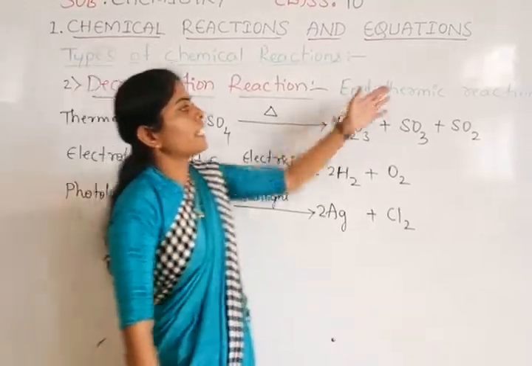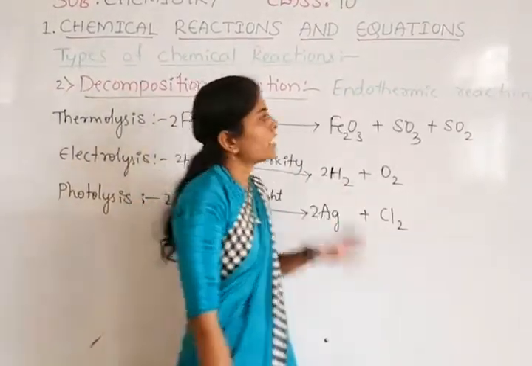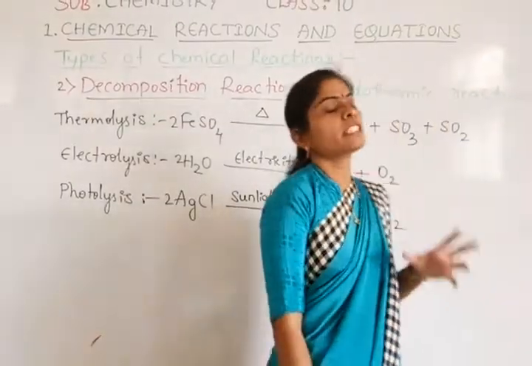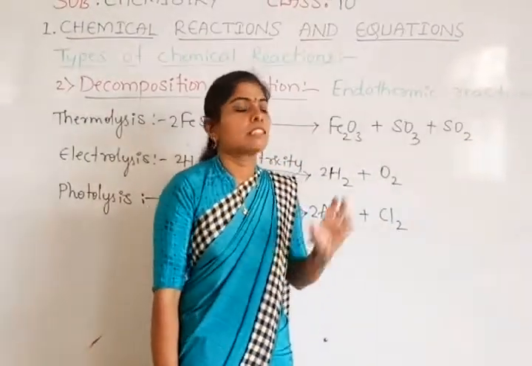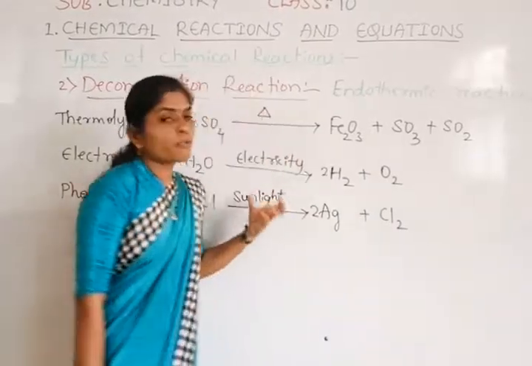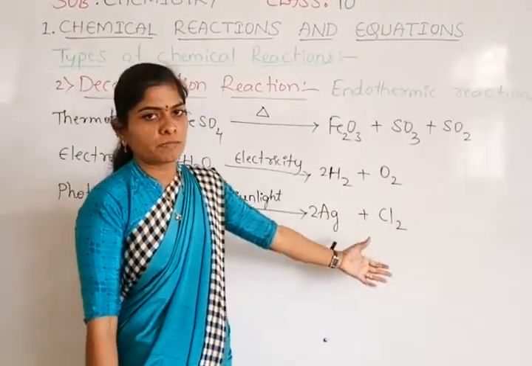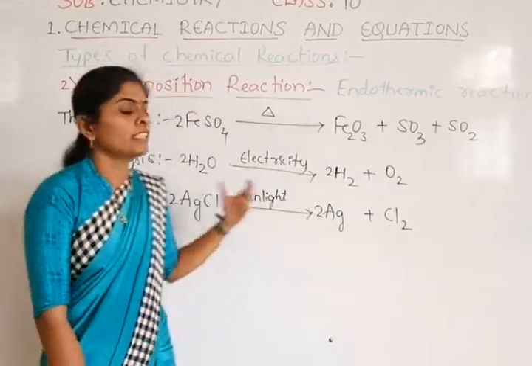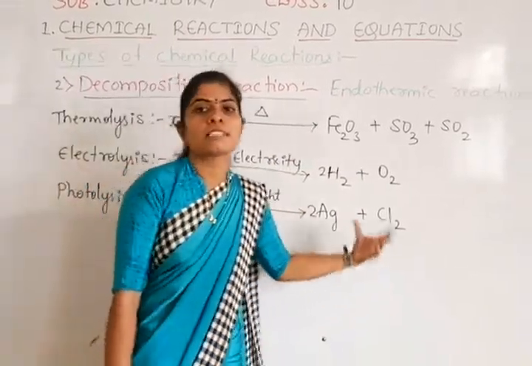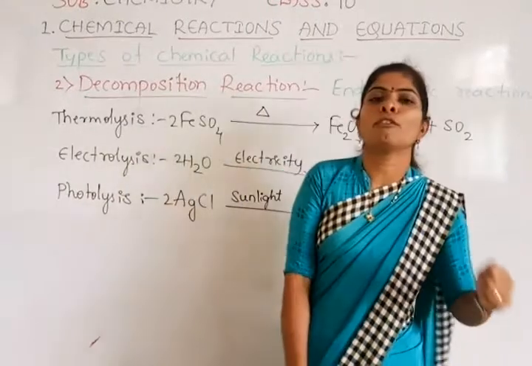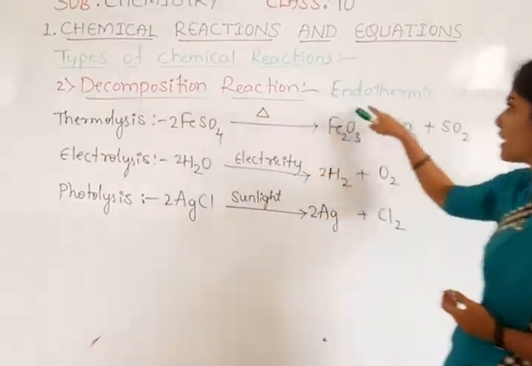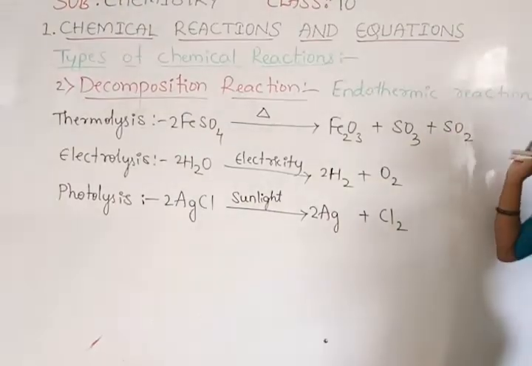So how can we define the endothermic reactions now? Endothermic reactions are the reactions which involve the absorption of the heat energy, whatever the form. It may be in the form of heat, or electricity, or sunlight.